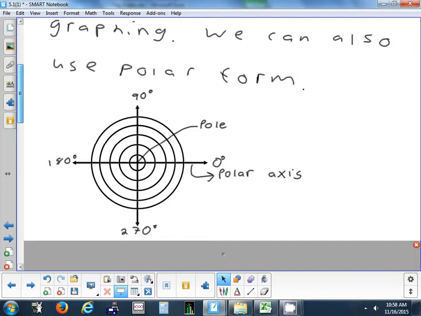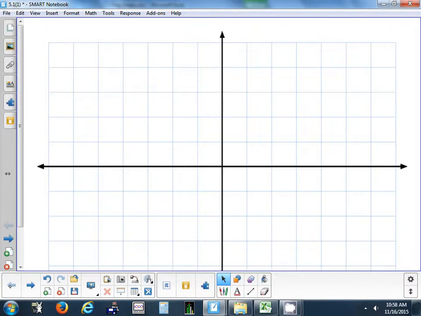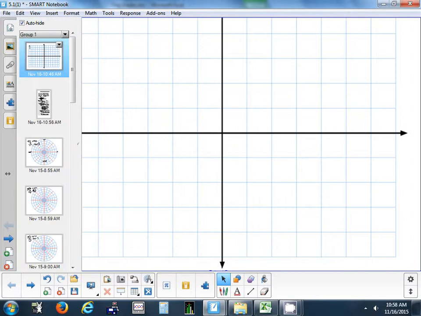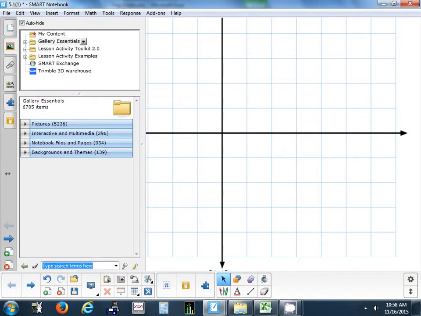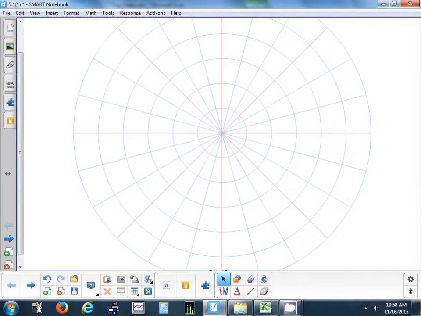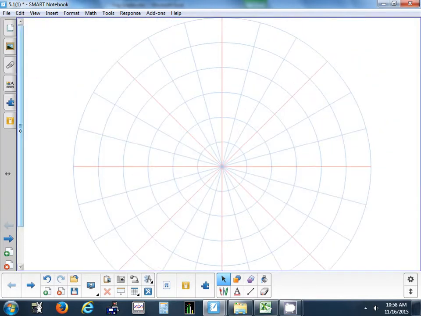When you work with actual polar graph paper, you might see it divided up, just like regular graph paper. So that's regular graph paper. Let me show you what polar looks like. That's polar. It's just divided up into sections. This one happens to be divided up into 30s.